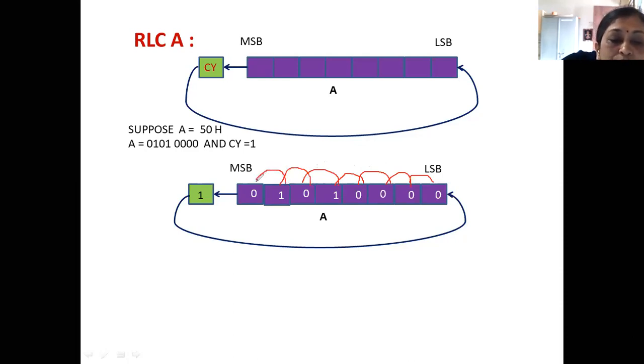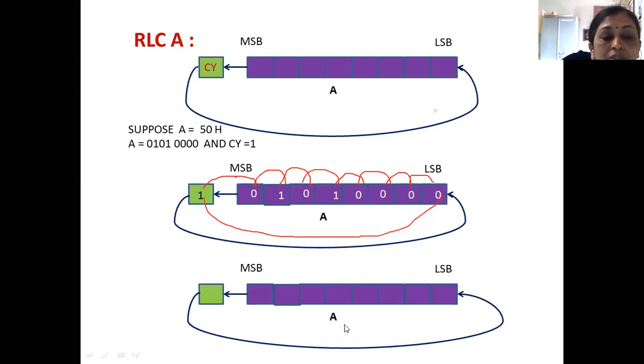Now this 0 will be transferred to where? It will be transferred to the carry flag, and this carry flag will be transferred to LSB. So this is the sequence in which the data is rotated.